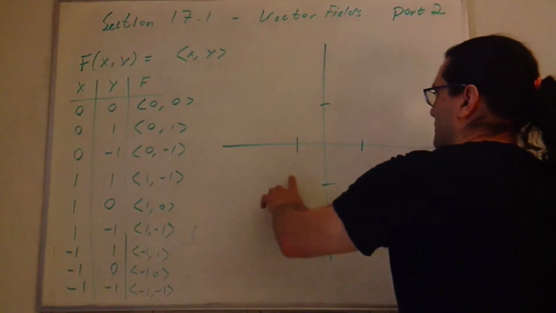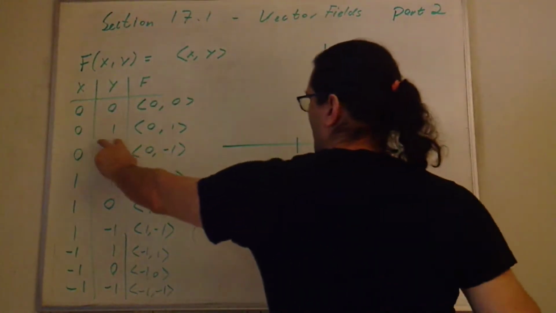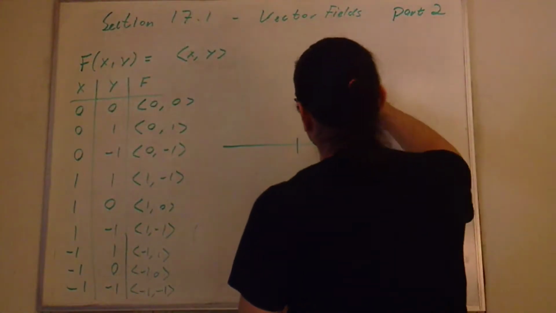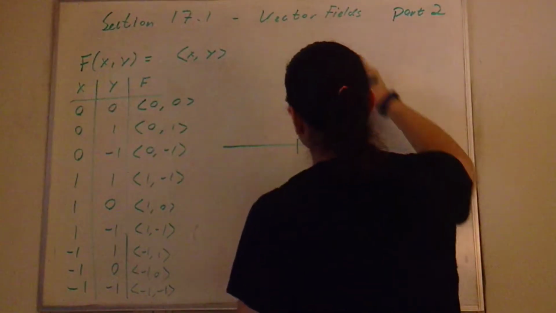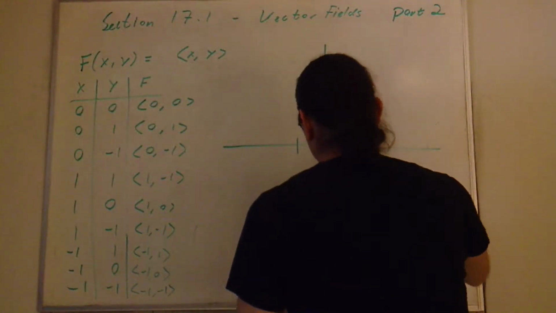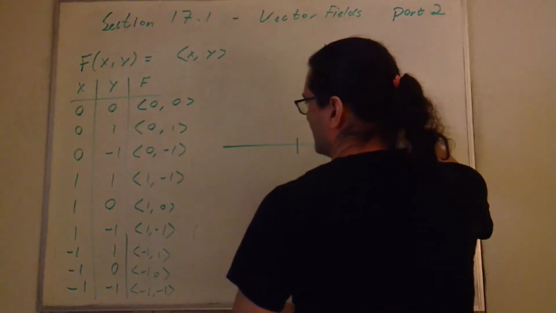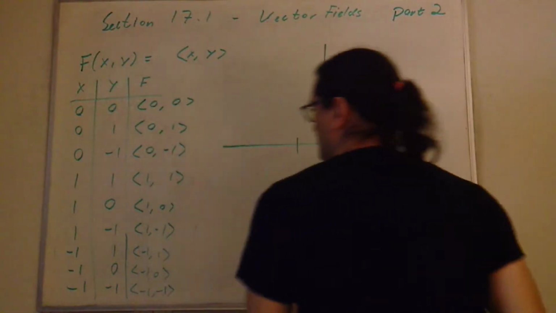Okay. Point 0, 0 gives us the vector 0, 0. Point 0, 1 is here. It's going to give us the vector 0, 1, so that's going straight up. 0, negative 1 is going to give us the vector 0, negative 1, straight down. 1, 1 is going to give us the vector 1, 1.